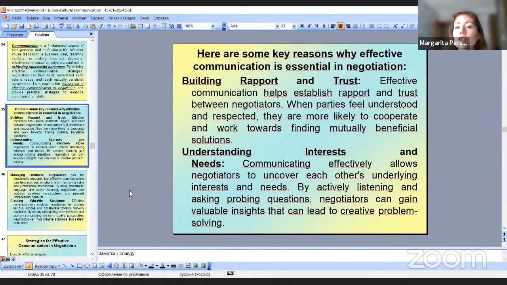Building rapport and trust. Effective communication helps establish rapport and trust between negotiators. When parties feel understood and respected, they are more likely to cooperate and work towards finding mutually beneficial solutions.